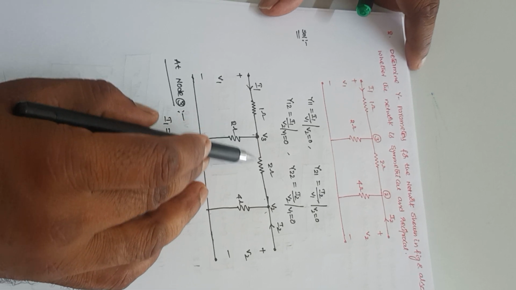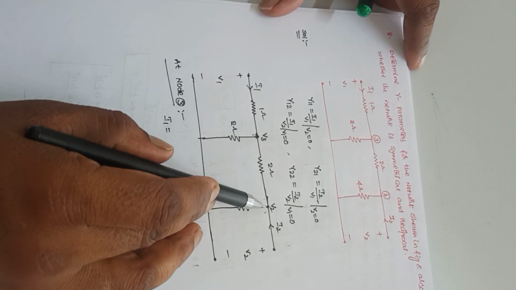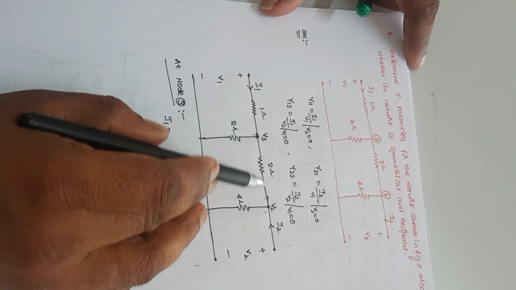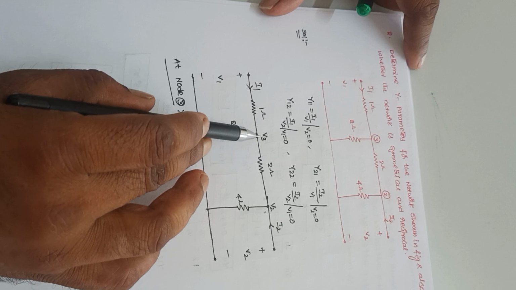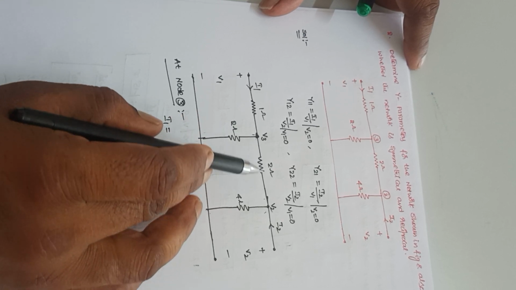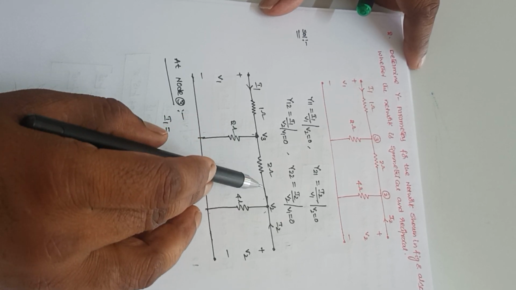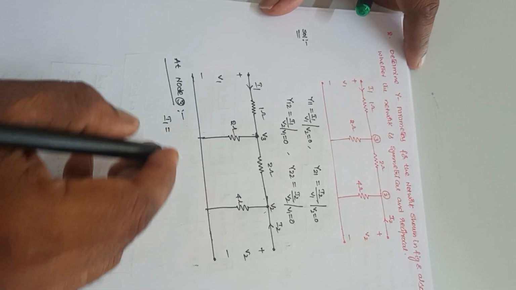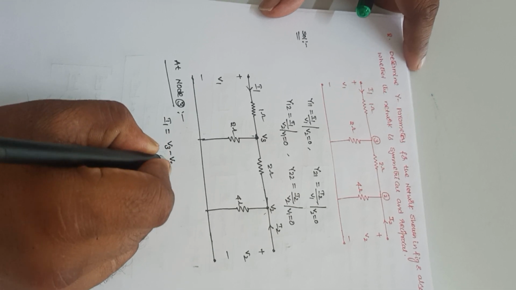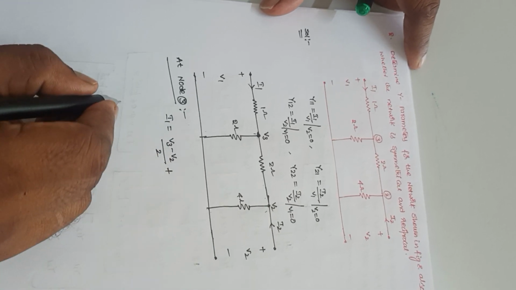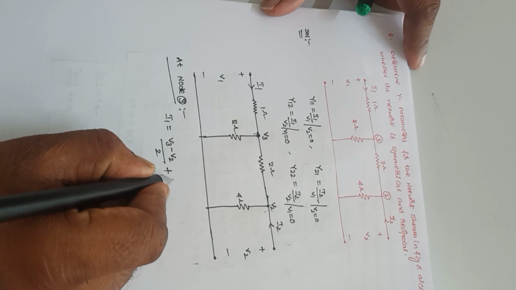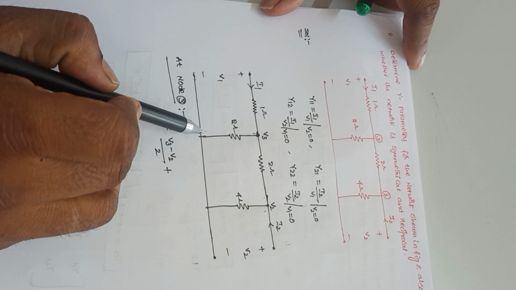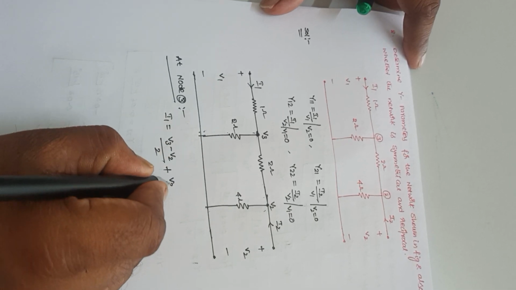If the current goes like this, this potential is more than that potential. So the voltage across this 2 ohm resistor is V3 minus V2, and the current flowing through this 2 ohm resistor is V3 minus V2 divided by 2 ohms, plus this current: the voltage across this 2 ohm resistor is V3, and the current flowing through it is V3 by 2.